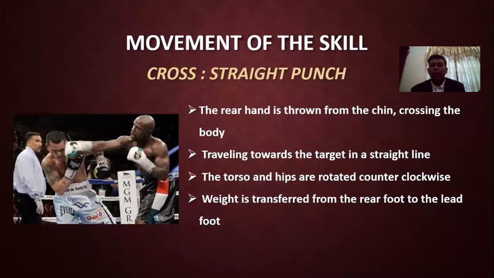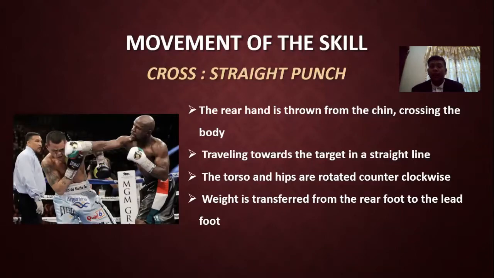The movement of the skill that was analyzed is the cross straight punch, in which the rear hand is thrown from the chin, crossing the body. It travels towards the target in a straight line.